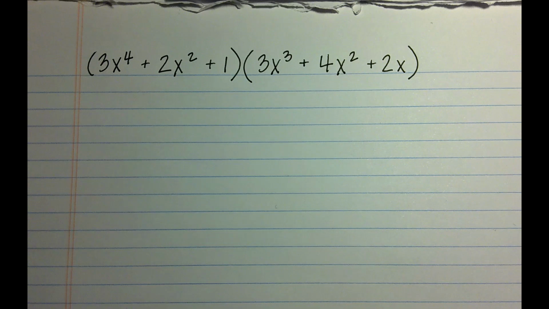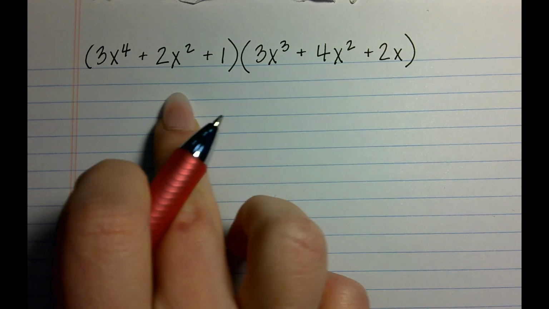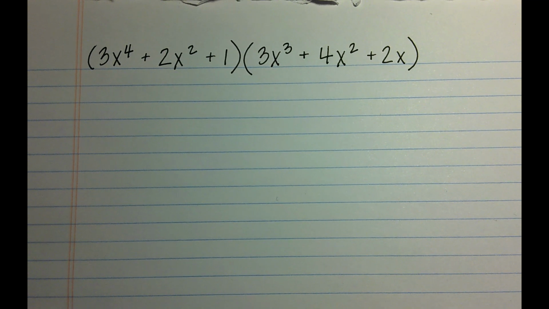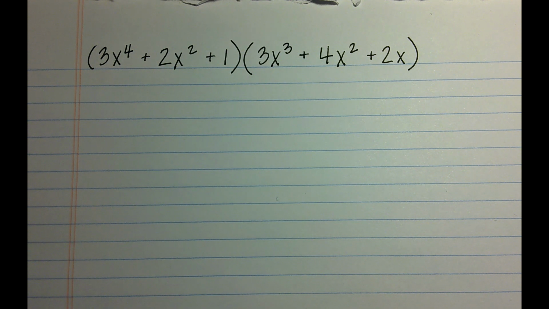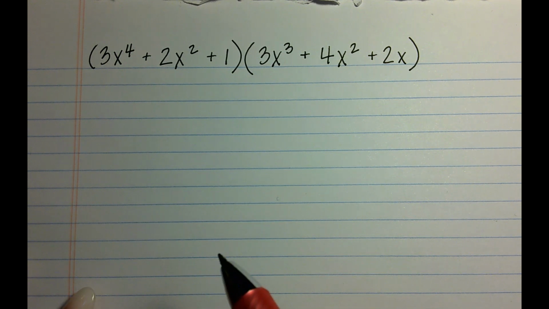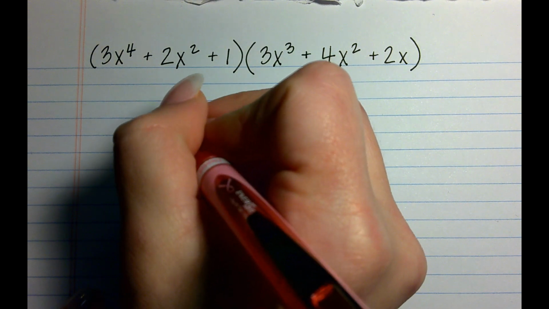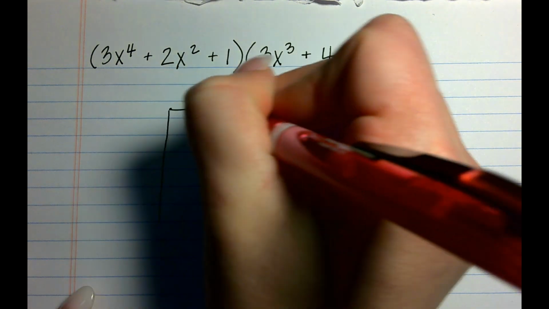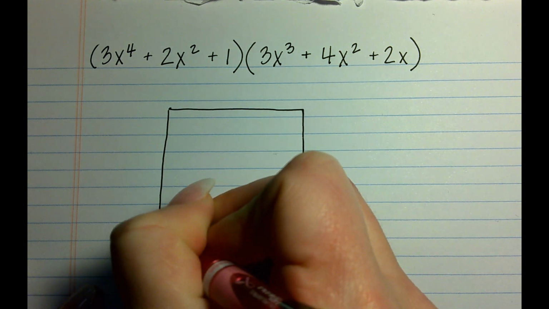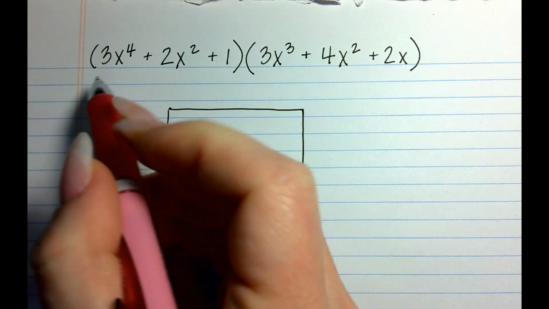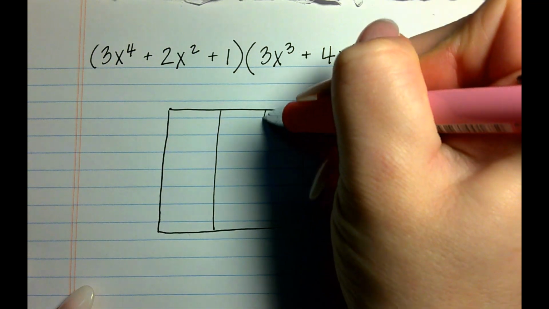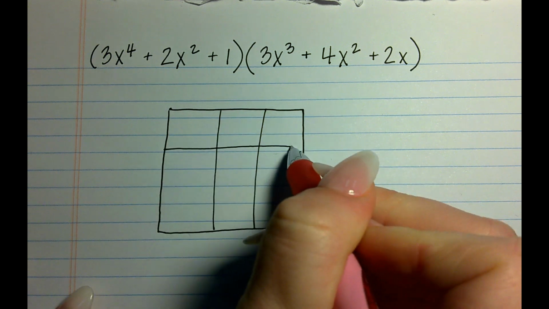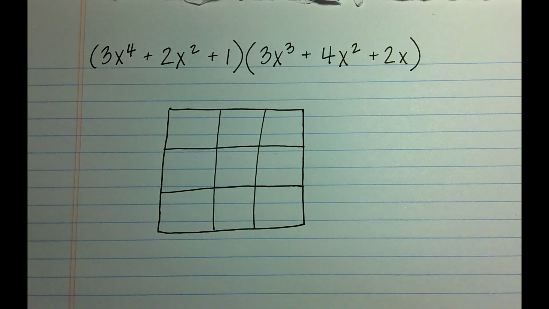We can use the box method to find an answer for this, even though it looks crazy. But instead of having 4 spaces for 4 answers, we are going to have, I believe, 9 spaces. We gotta make a bigger box for this one. And instead of cutting it in half, because we have 3 terms in each one, we're gonna cut it into thirds like this. So we're making like a tic-tac-toe board.